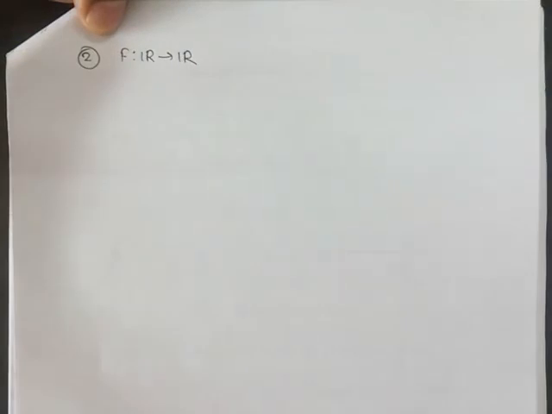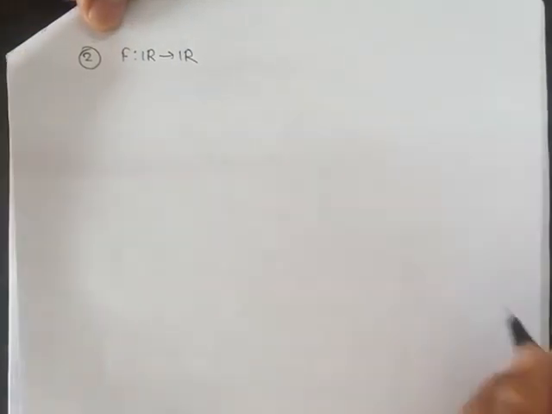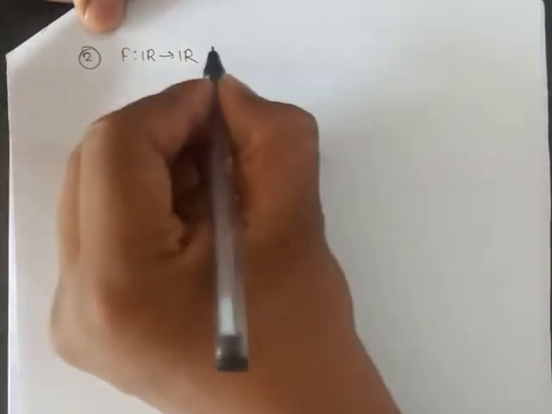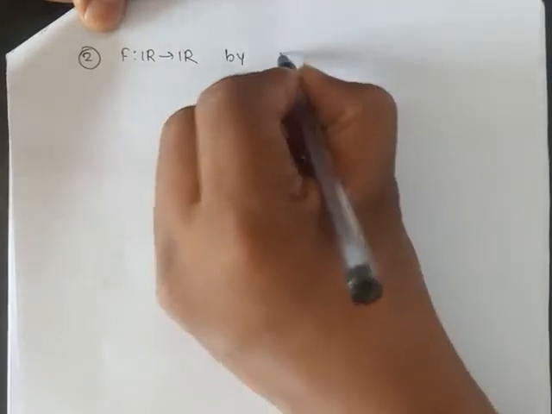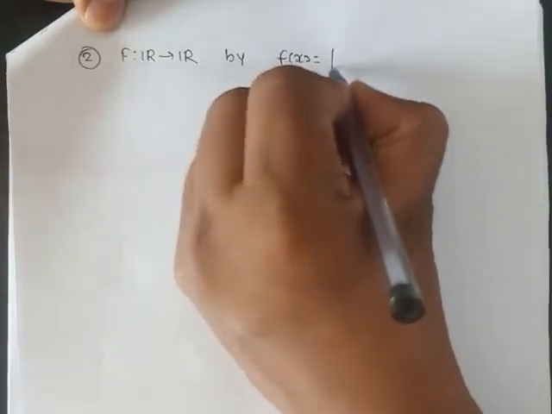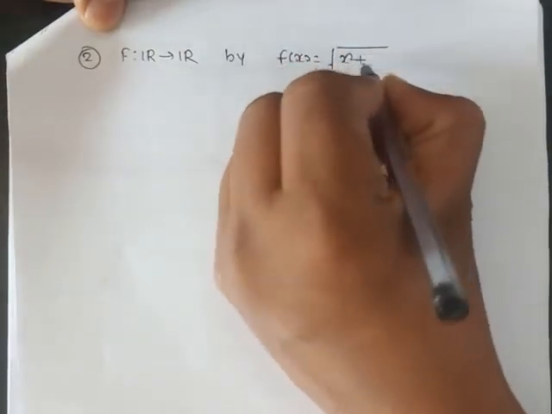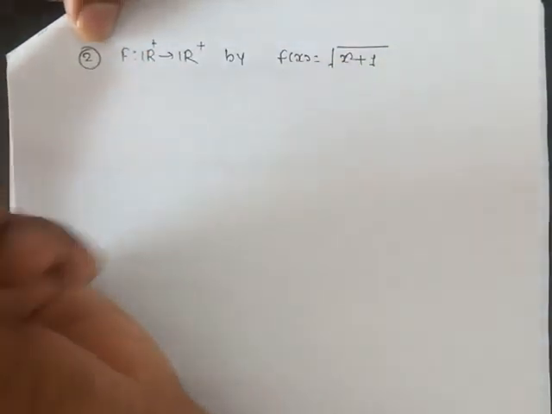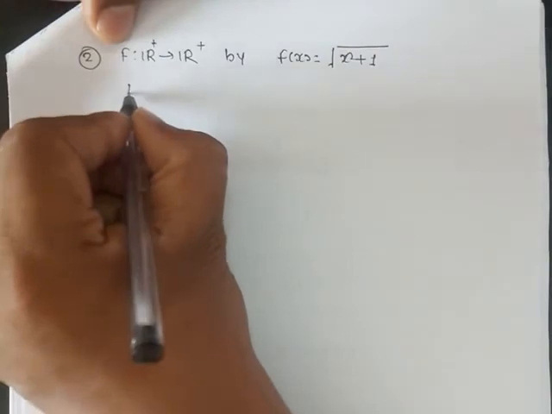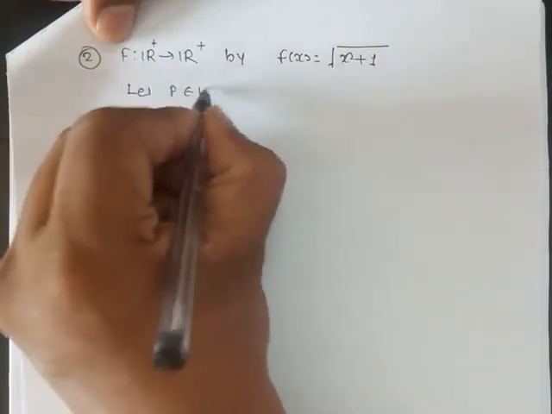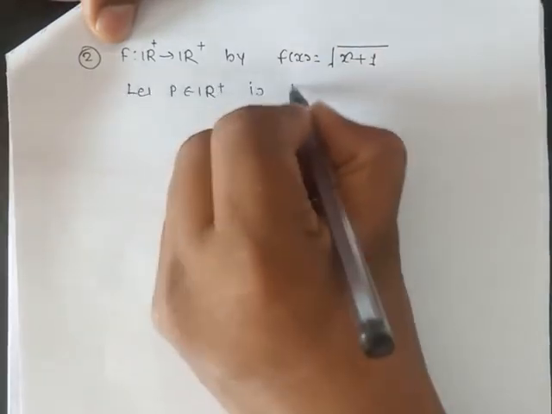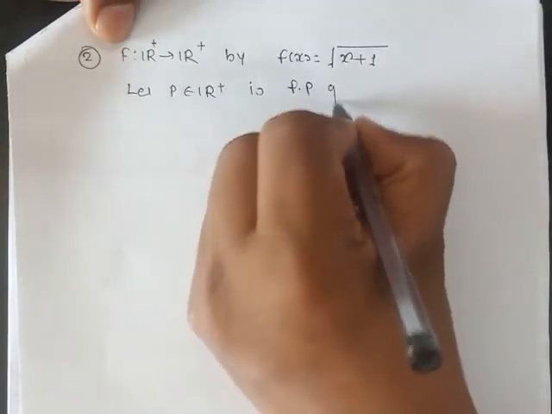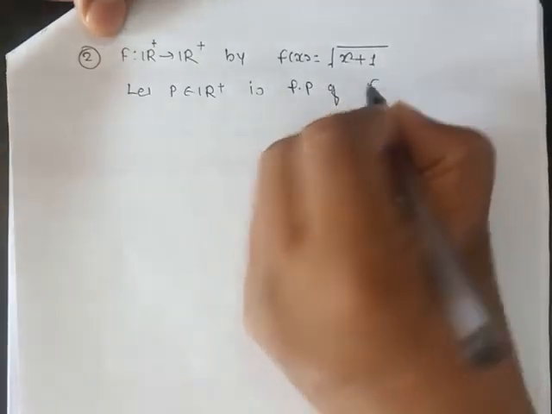Next example, f defined from R to R by f of x is equal to under root x square plus 1. Here we can say that f is defined from R plus to R plus. Now let p belongs to R plus be a fixed point of f.